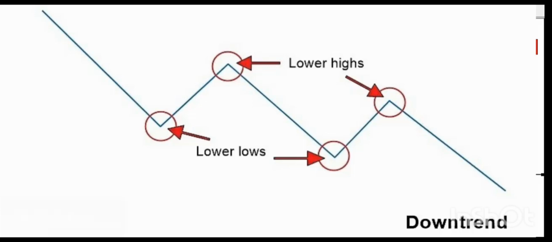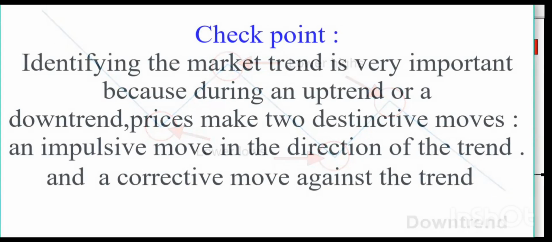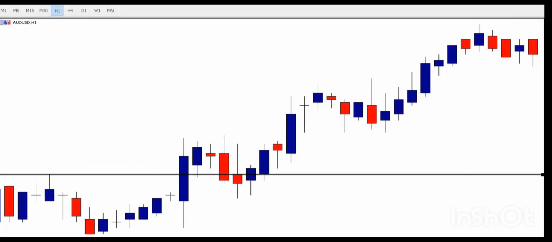The lower high is the swing high, the lower low is the swing low. During an uptrend or downtrend, price must make those two moves before you know that price has given you a swing high, the extreme point, and a swing low, the extreme low.